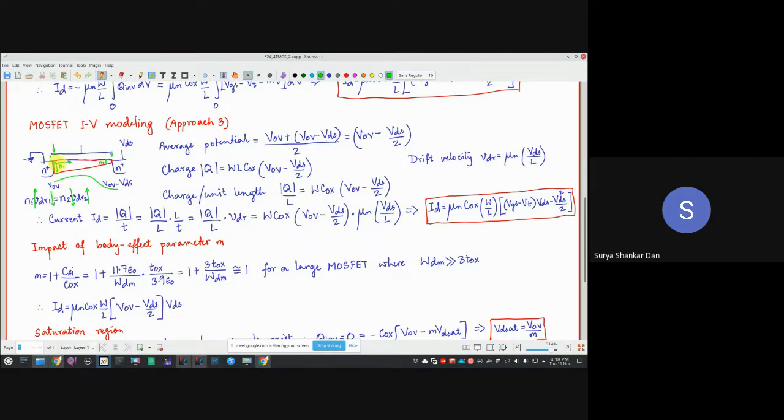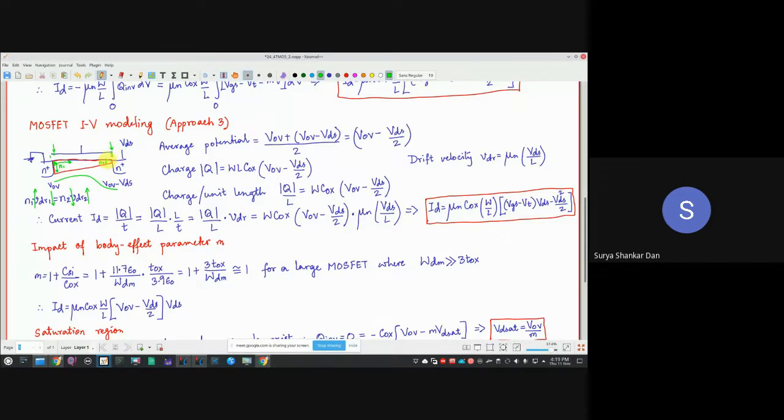Since N1 is much larger than the boron concentration, that means the depletion charge over here has to be less. So the depletion layer thickness towards the source side is less. But as we go along towards the drain side, here at this point of the gate terminal, what is happening?